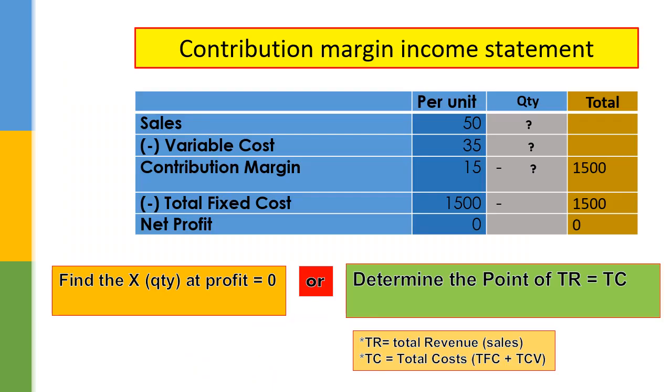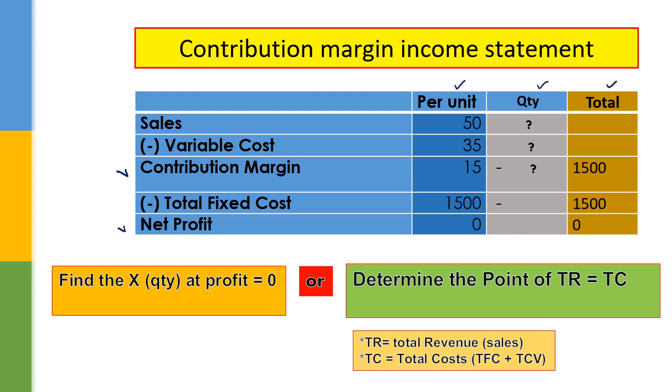We can express the information from the previous slide in a contribution margin income statement, where sales minus variable cost equals contribution margin, minus the fixed cost, and we get the net profit. We have to show the price per unit, the quantity and the total.